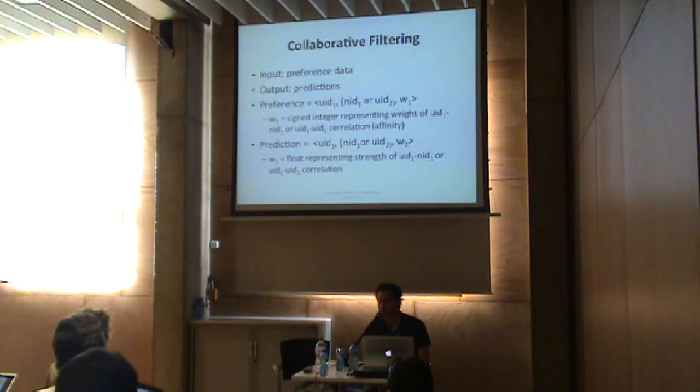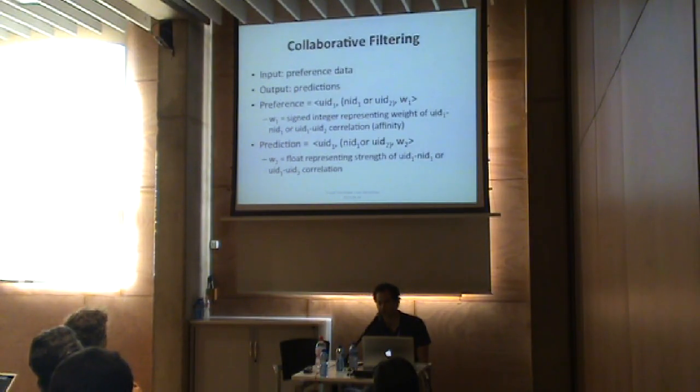It could be a weight of either 0 or 1, just a Boolean saying this user has browsed this node, and if the user hadn't browsed a node, we wouldn't have a record of it. Or it could be a rating, 1 to 5 stars, or a tag, and then you have your own system of evaluating where within your scale 0 to 1 that weighting would be derived. But it's an assigned integer, so you could have negative weights as well as positive weights.